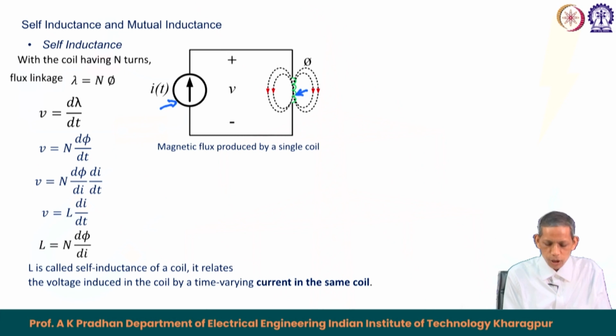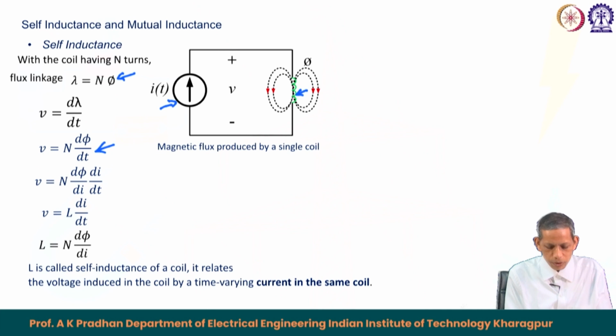We know that the corresponding flux linkage through this arrangement, the coil which produces a magnetic flux phi in that electromagnetic circuit, becomes N phi, which we call flux linkage lambda equals N phi. The induced voltage across the coil becomes d lambda upon dt. So, that gives us N d phi by dt.